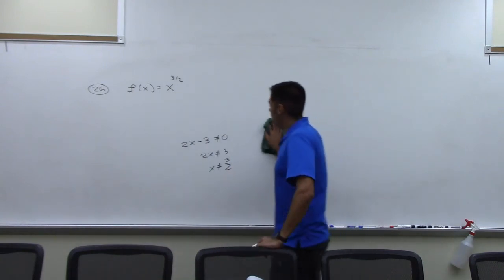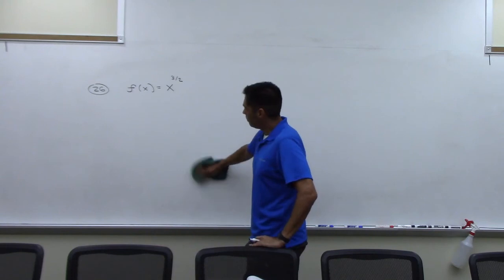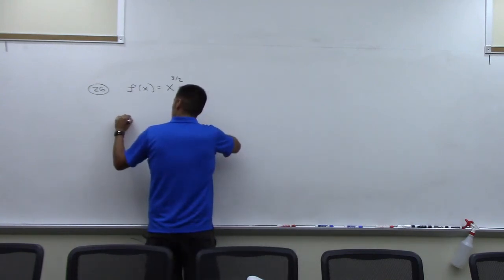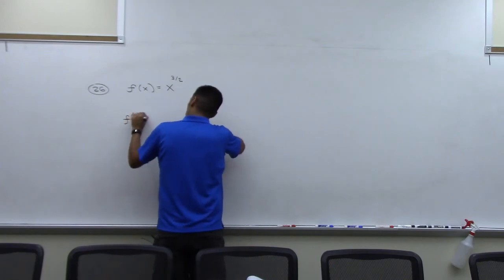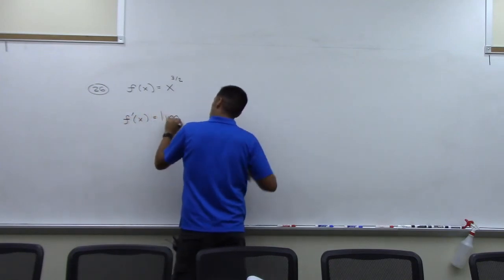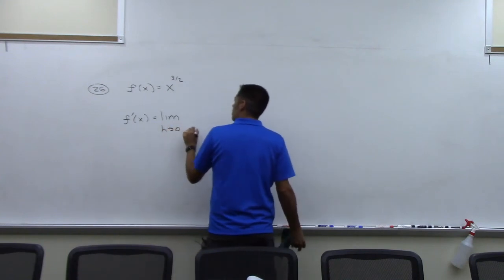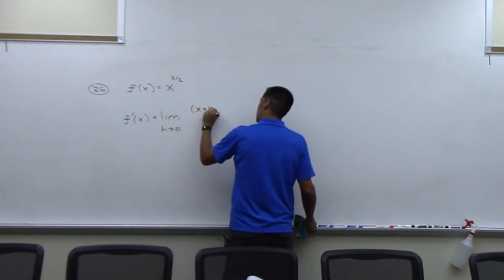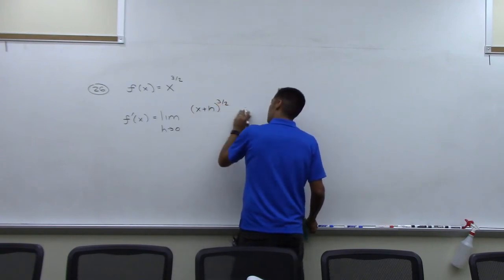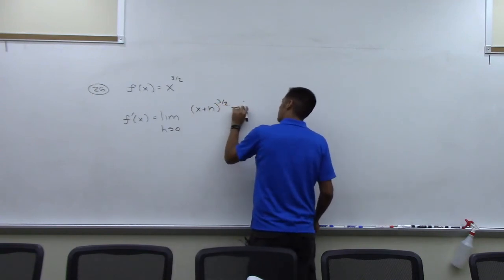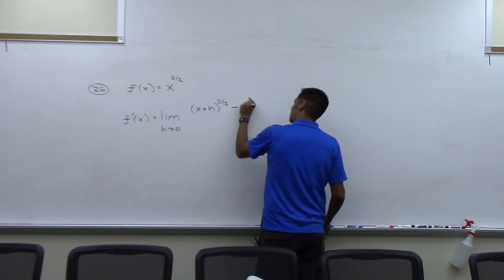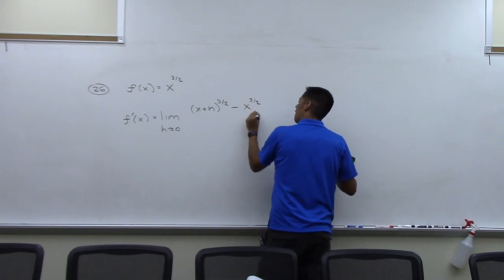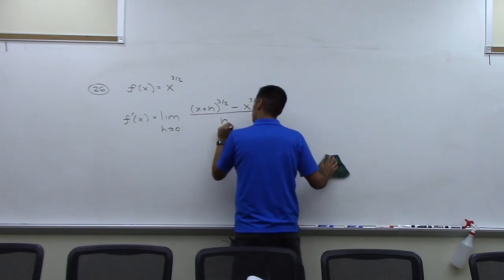All right, so this one, here's our function. We're trying to find the derivative. So we're going to do the limit as h goes to 0 of f of x plus h. So plug into this x plus h raised to the 3 halves minus f of x, which is just x to the 3 halves, over h.